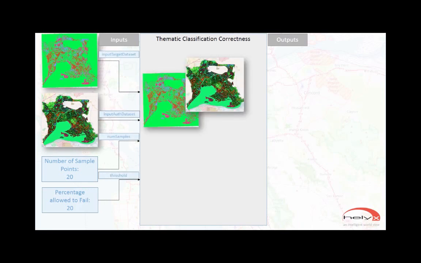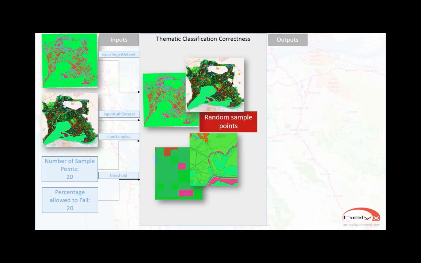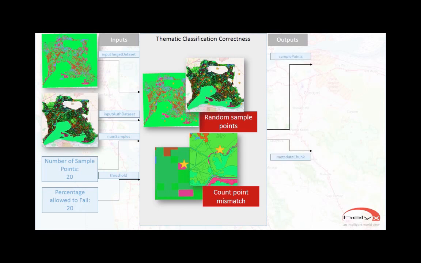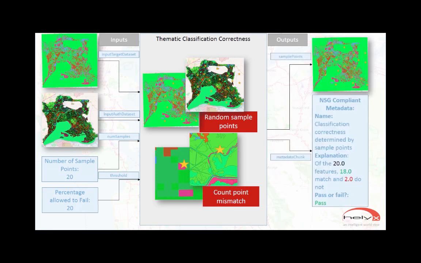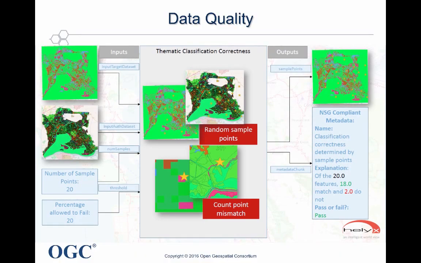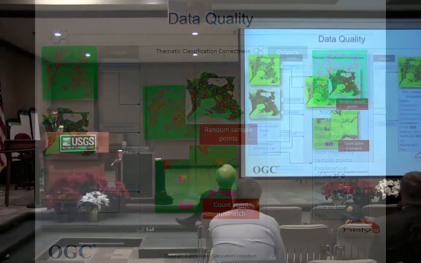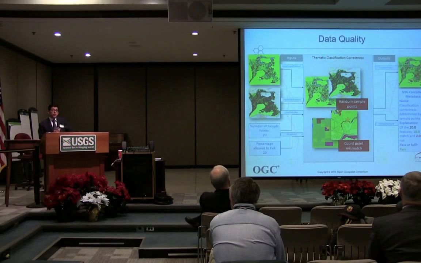The new data is compared to an authoritative data by selecting a random sample of points and a percentage threshold. In this case, 20 points were selected and the percentage of failure was set to be less than 20%. The data quality process returns the sample points, including the result of the matching and the quality elements that help the user to get more information about the quality checking process.